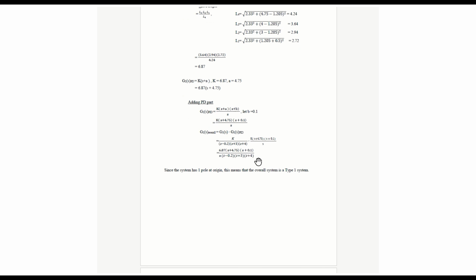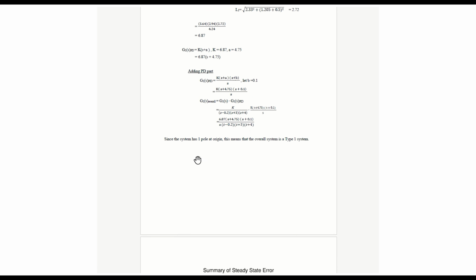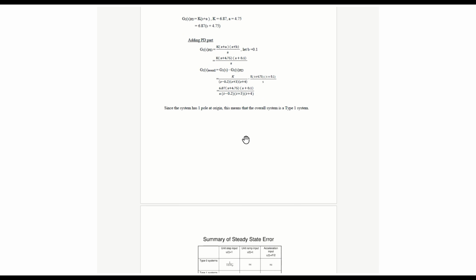Now the design requirement asks us to make it have zero steady state error, right? In order to do that, we need to know the system type for this overall equation. How? We need to look at the number of poles at the origin, which is here only s to the power of 1, which means it has only one pole at the origin, so it is system type 1.